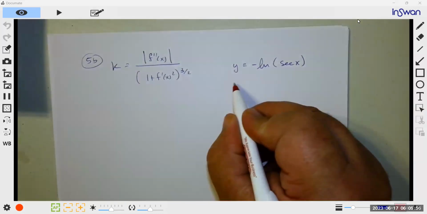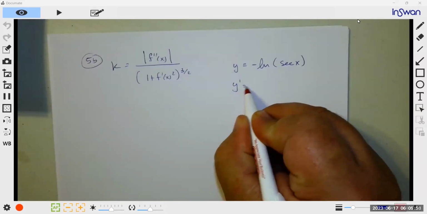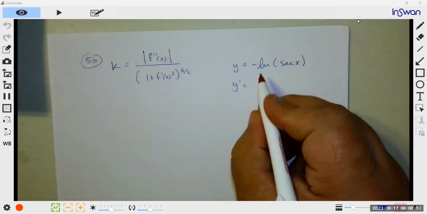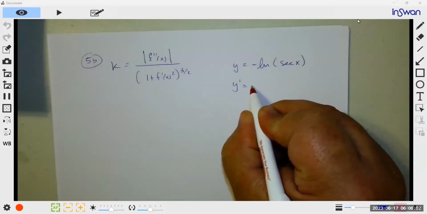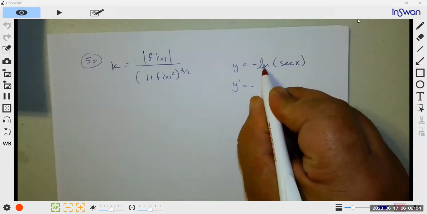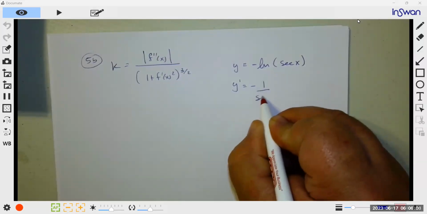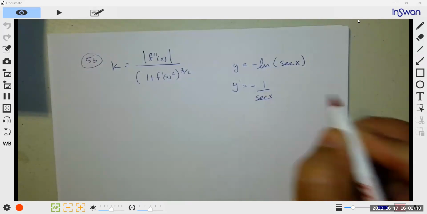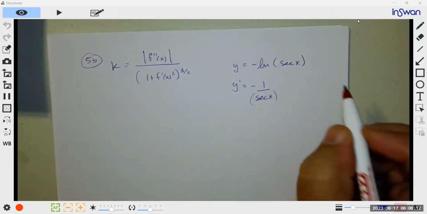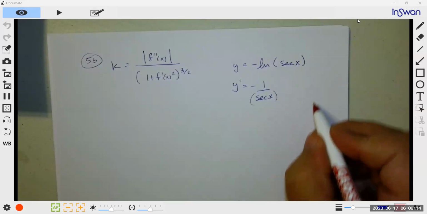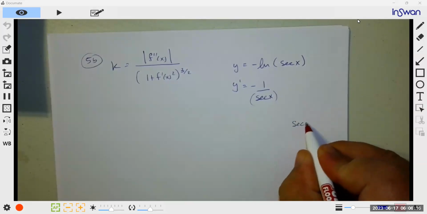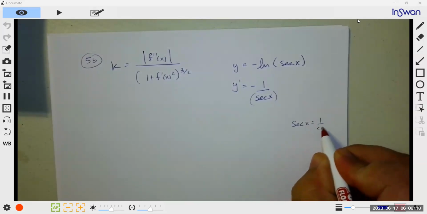So let's first find the second derivative. The derivative of ln is 1/x times the derivative of secant. Secant x is 1 over cosine.